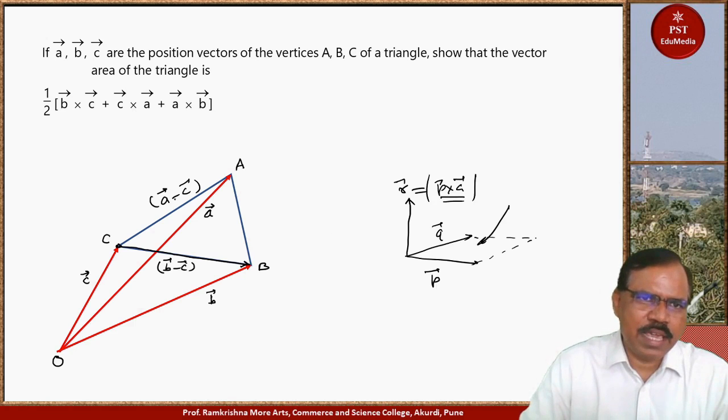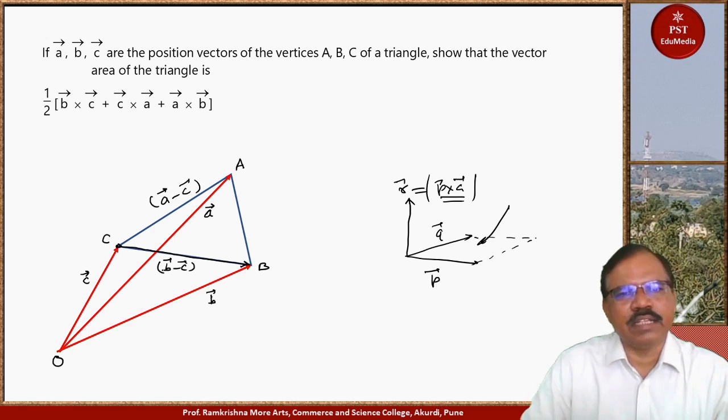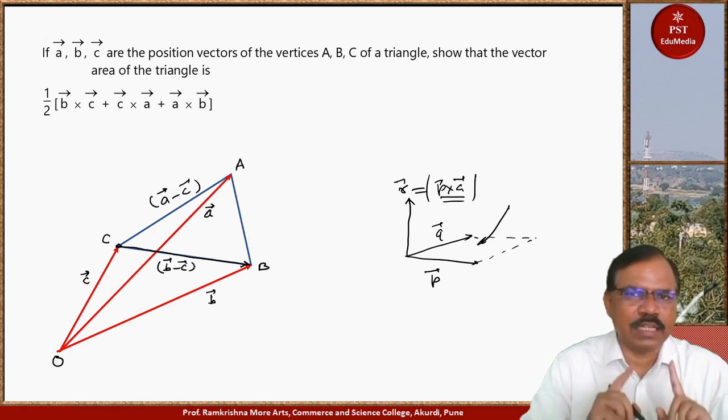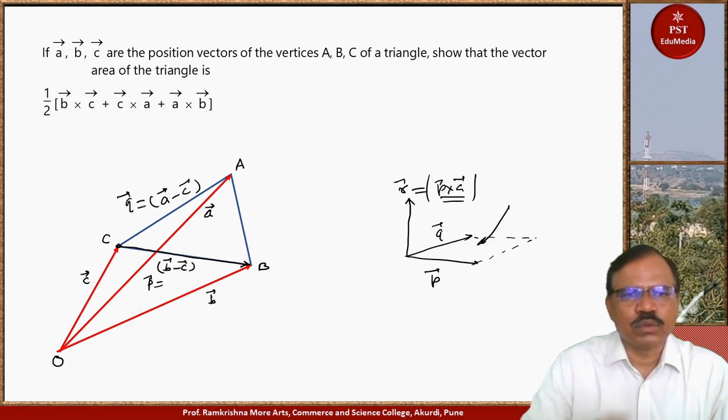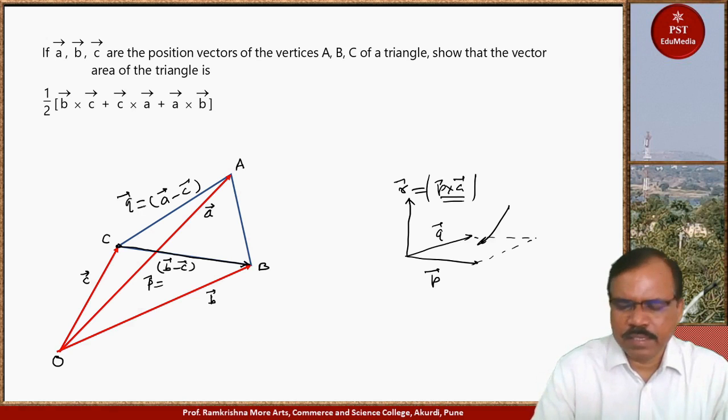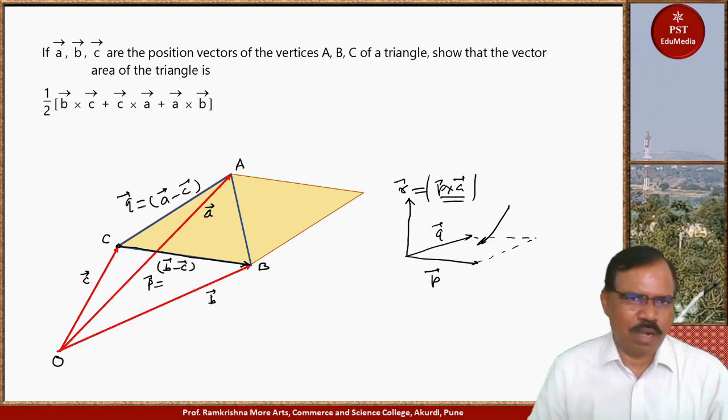So what happens? A minus C vector and B minus C vector. These are two vectors. Let us call this vector P and this vector Q. They will form a parallelogram.